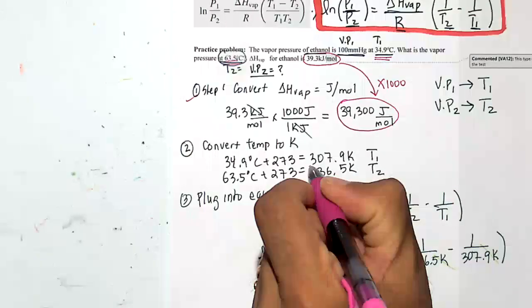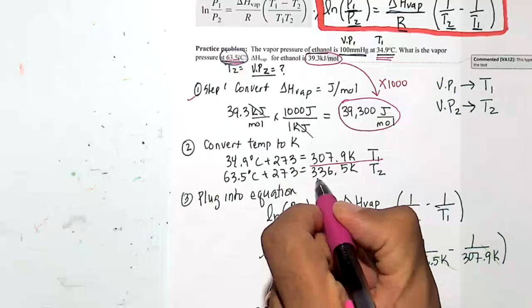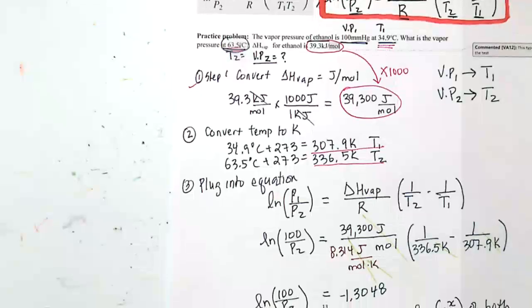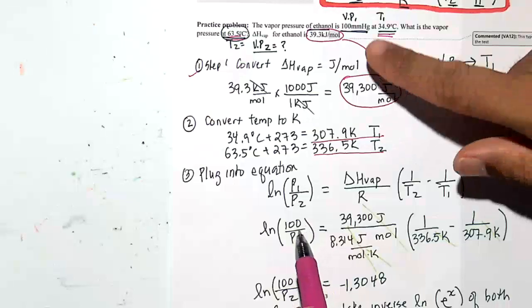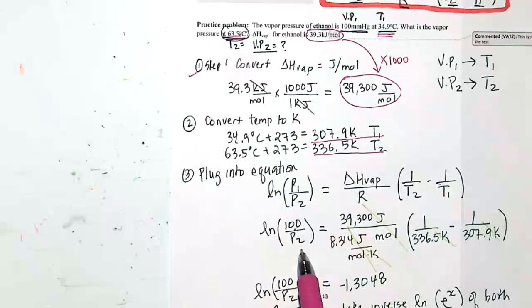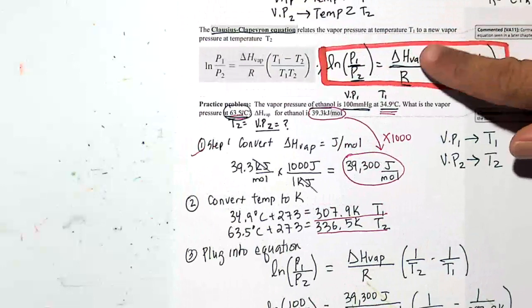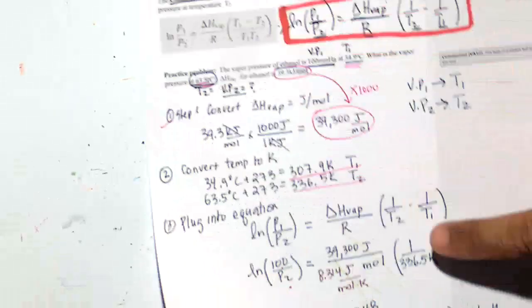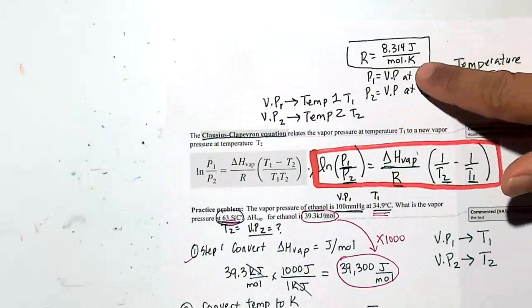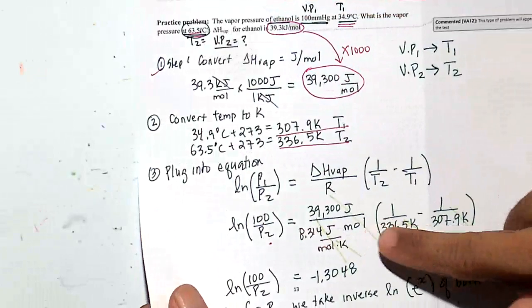So that's what we did here. So we have T1 and T2. Okay, next thing is to plug everything in. So P1 is 100. P2 is what we're trying to find. Delta H vaporization is this number, so we'll put it in here. R is a constant. I'll give you that number.